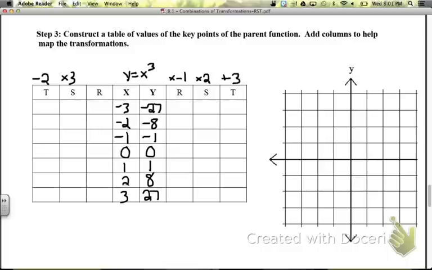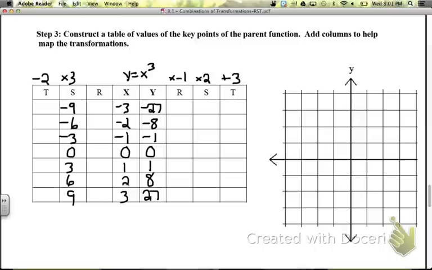So let's go ahead and deal with our x's first. We're going to multiply each x value by 3. So -3 times 3 will be -9. -2 times 3, -6, and so on. So we get -3, 0, and then 3, 6, 9.